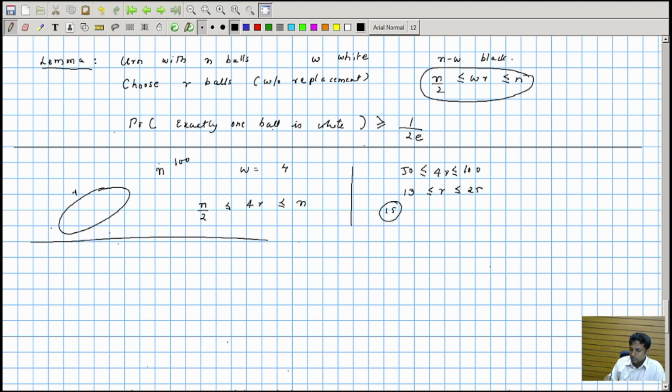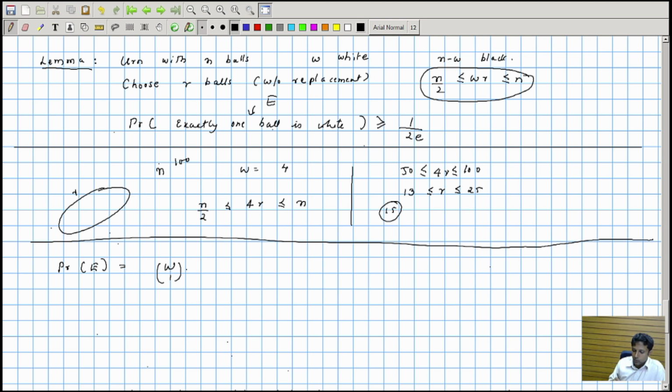We'll prove this theorem. The proof is fairly simple. It's just counting. The total number of ways in which you can pick R balls such that exactly one ball is white, divided by the total number of ways in which R balls could be picked. So if you call this event E, the probability of E is equal to the number of ways in which you can choose exactly one white ball. That would be W choose 1.